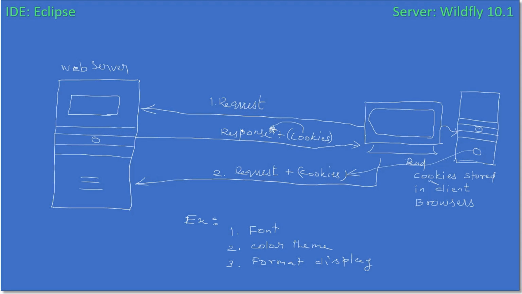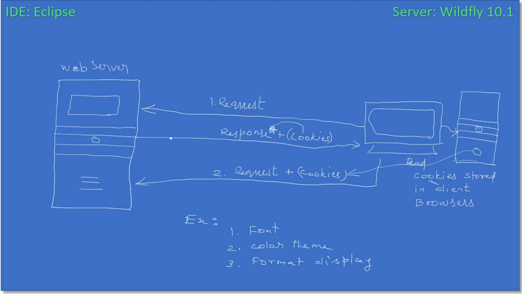That means the web server will first decide what cookies they want to store. As part of this request, the URL parameter will give the user preferences through form field data.